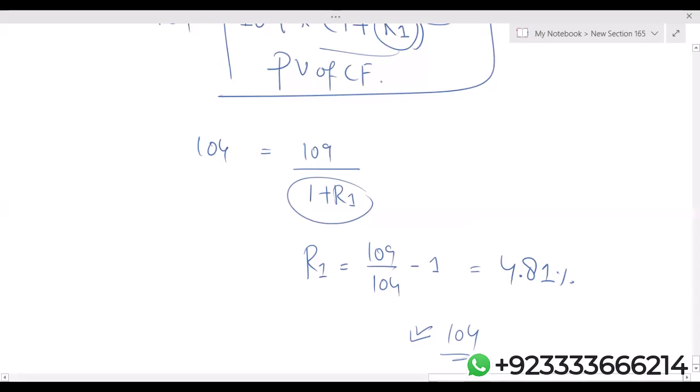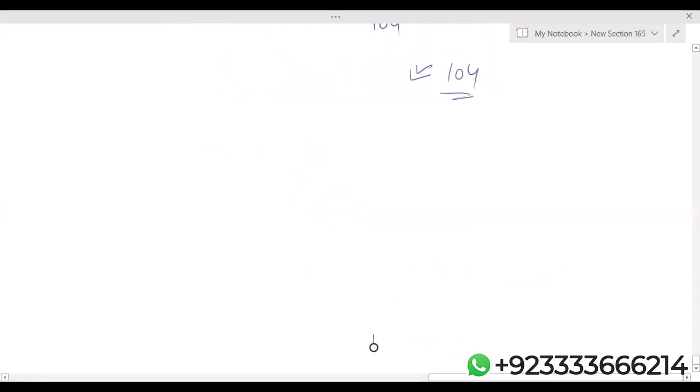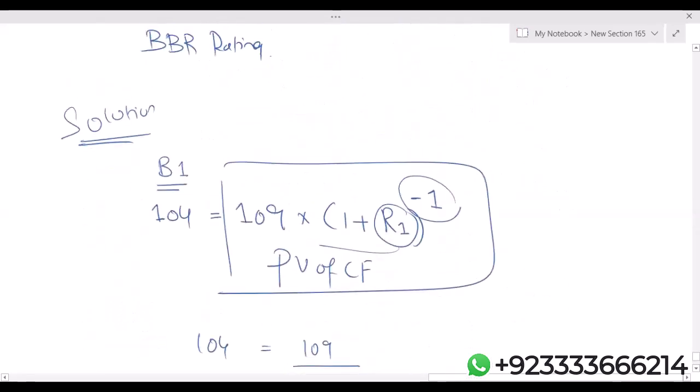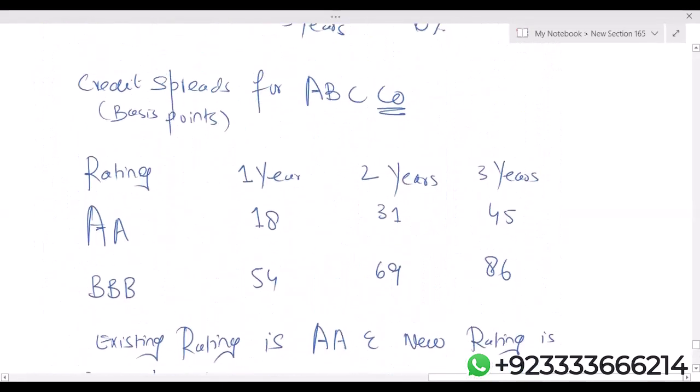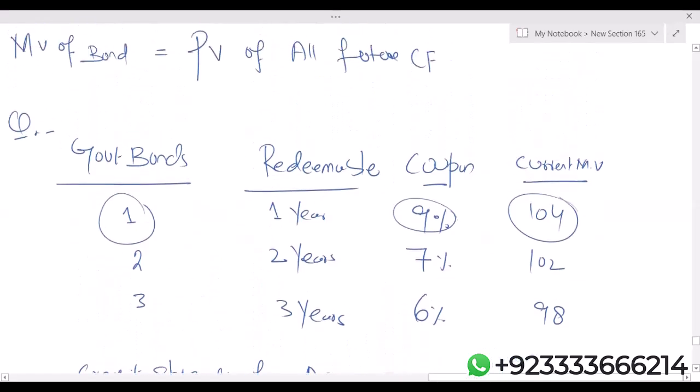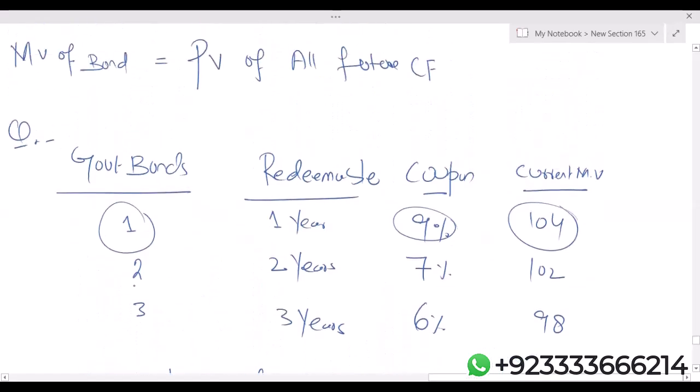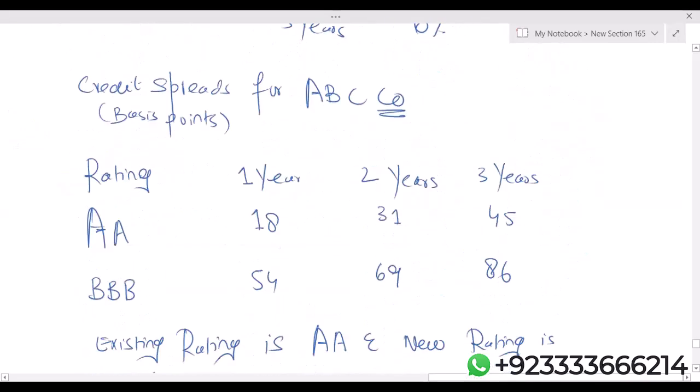Now listen carefully. Bond 2 has a maturity period of 2 years. Coupon rate is 7%. Market value is 102. Now keep watching.